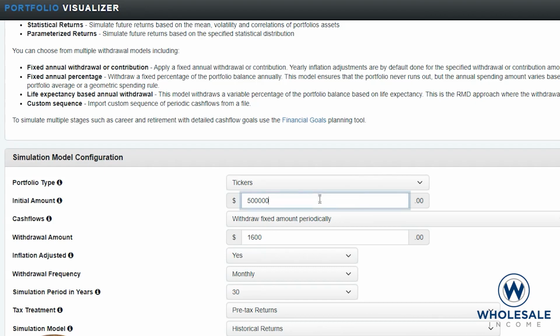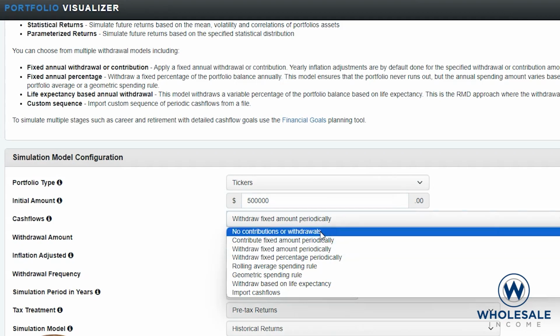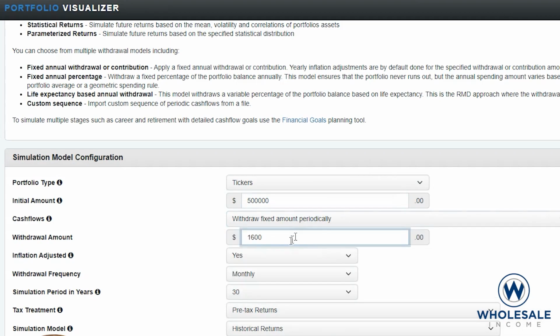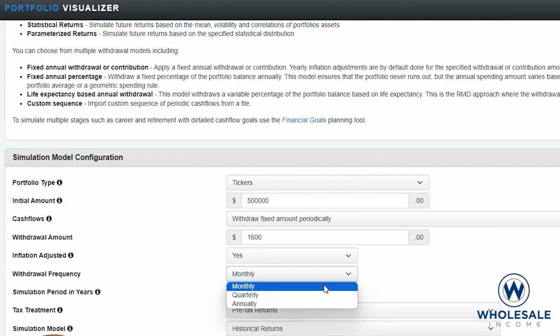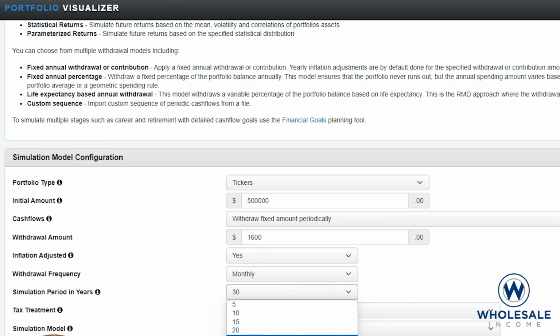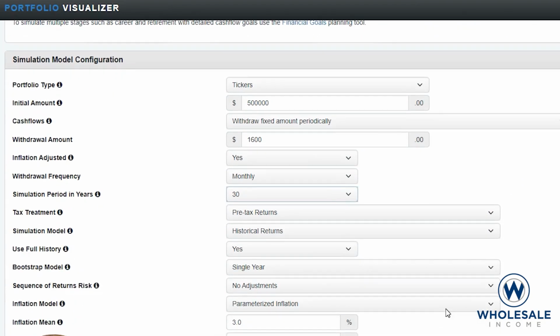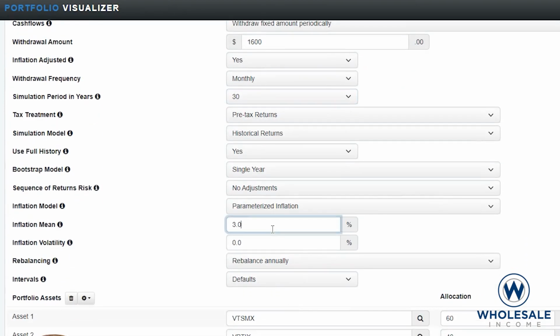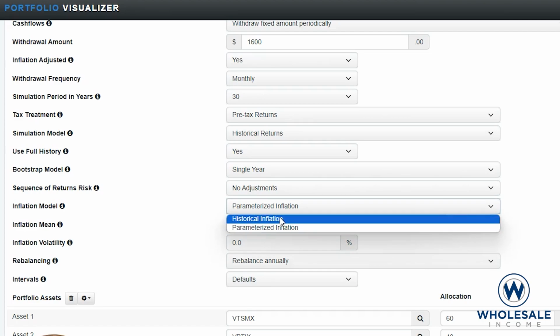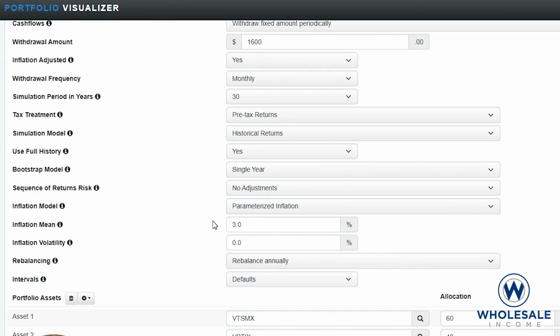So the inputs are really pretty straightforward. $500,000 investment. We're going to withdraw $1,600 a month for 30 years. And I'm trying to set up a really good apples to apples comparison here. We're going to let inflation go at 3%. There are different ways you can run inflation. You can run it on historical, which will run higher and lower, or you can just run it at an even 3%. 3% works.